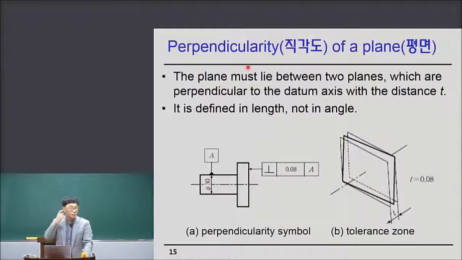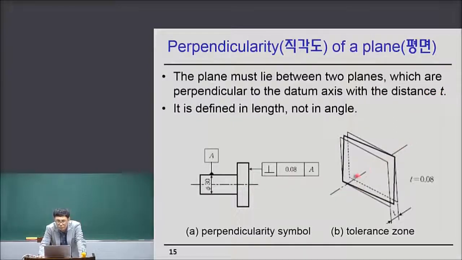The meaning of perpendicularity is here. Perpendicularity of a plane: the plane must lie between two planes which are perpendicular to the datum axis with the distance t.